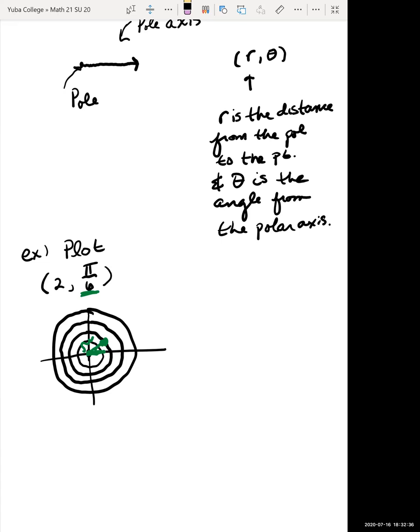So is that showing that pi/6 goes out to the second circle? Yes, and it's going to the second circle because of the 2. So this is how many circles you're going to go out from that pole to that angle. If I swiped pi/6, that would be this line, and then I would go out 2 from there, from the pole, to get that point.